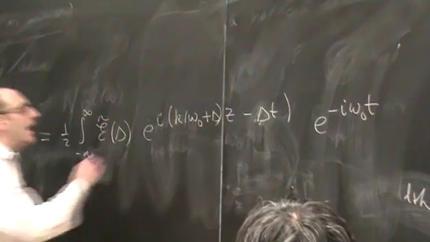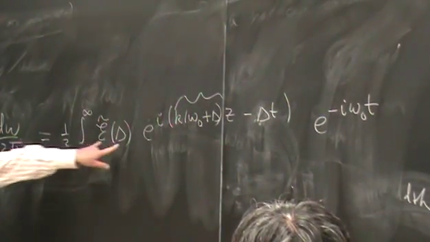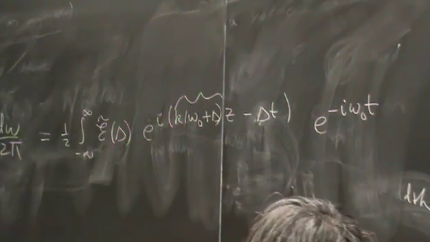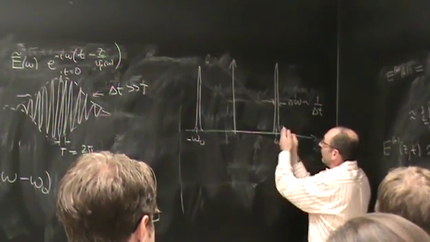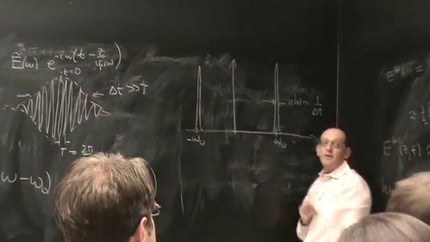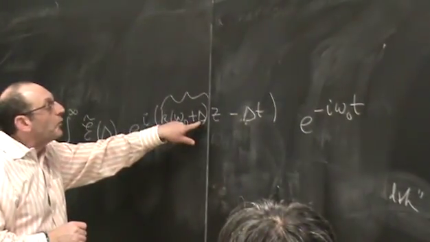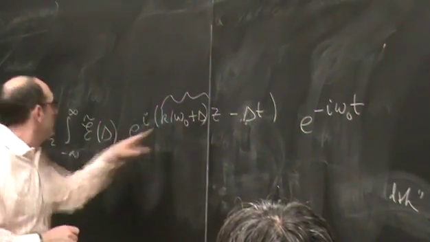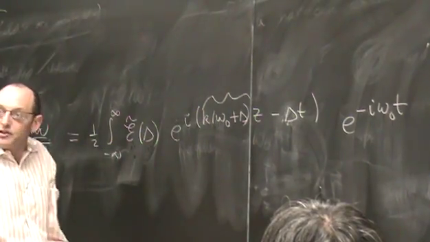Now we make an important approximation. This function has narrow support. We're integrating over all delta, but it only has its support for delta close to 0. So we can look at this function only near where delta is 0, because it is peaked only near delta equals 0, and then falls off extremely rapidly.